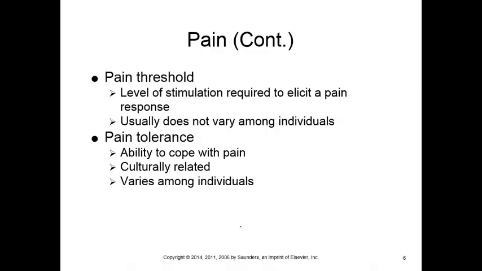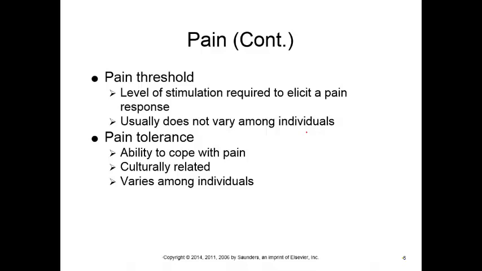You should know from your other anatomy and physiology classes, threshold is the level that it has to reach before an action potential can be transmitted down the neuron. Usually, it doesn't really vary between individuals. So everybody has the same level of stimulation that will elicit a little bit of pain response.